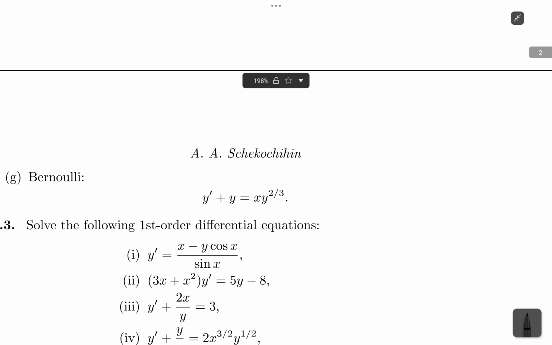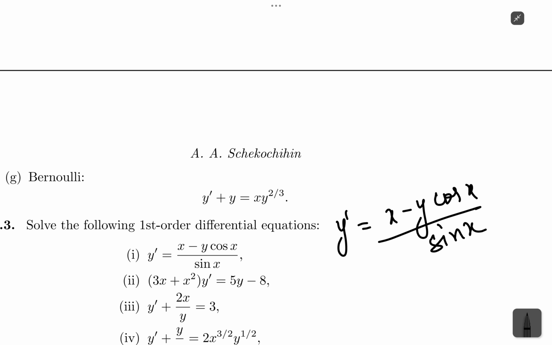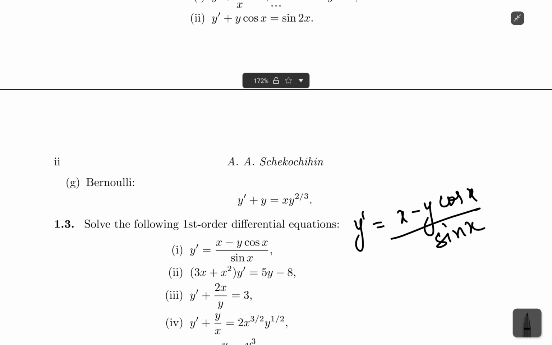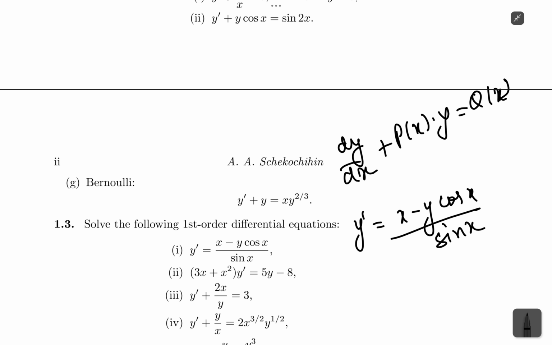Okay, so the first question says that y dash is (x minus y cos x) upon sin x. Well, this honestly looks like a first order linear differential equation, right, because there is y as well: y dash plus cot x times y is equal to x by sin x.